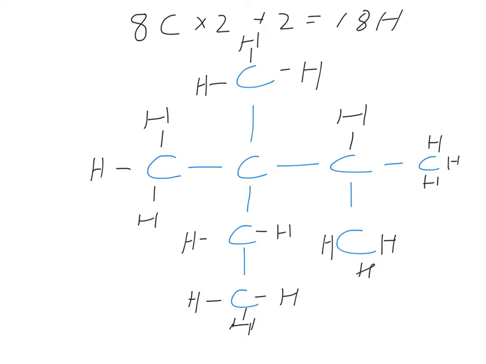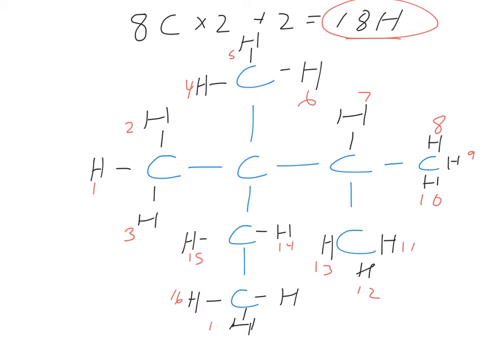If our hypothesis about the ratio of carbons to hydrogens is correct, we should see 18 hydrogens here. So 1, 2, 3, 4, 5, 6, 7, 8, 9, 10, 11, 12, 13, 14, 15, 16, 17, 18. Nailed it!